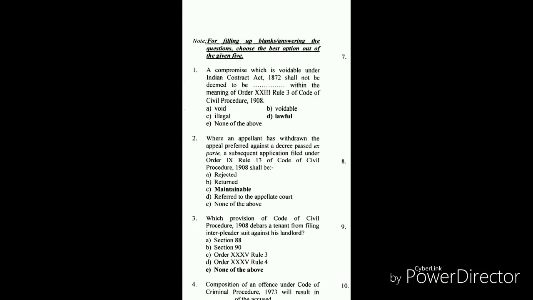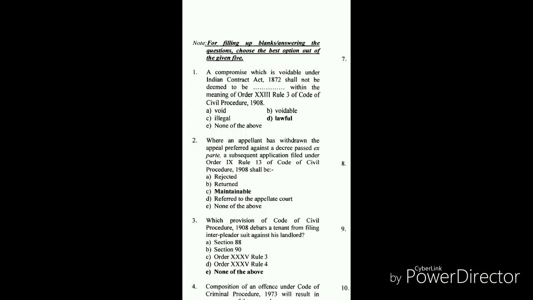Here is the first question, which is asked from the CPC, and the question is very straight with the bare act language. If you match Order 23 Rule 3, in the footnote of Order 23 Rule 3 there is the same language, which generally is left out. But the Haryana judiciary exam asked about a compromise which is voidable under the Indian Contract Act 1872.